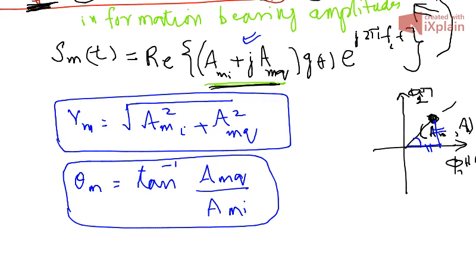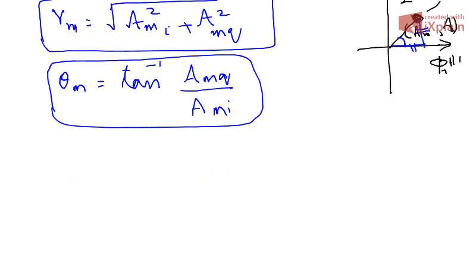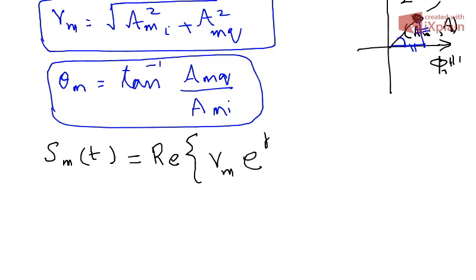Now, if you have this r and theta, you can represent Sm of t. You can have another representation for Sm of t, and it has certain significance. We can rewrite it as the real part of r of m e raised to the power j theta m, and the rest is the same, e raised to j 2 pi f c t, right?